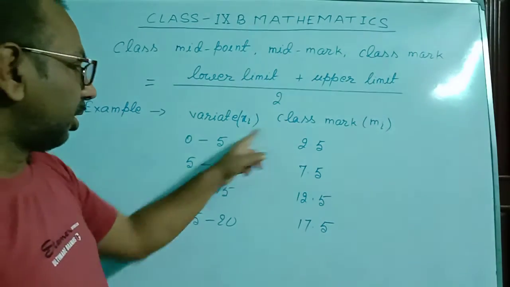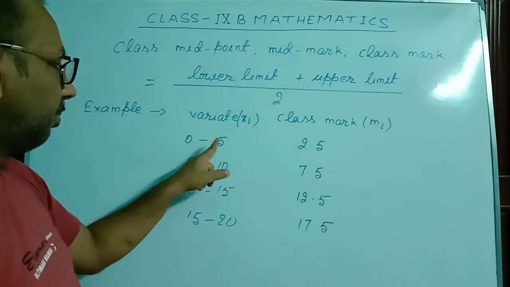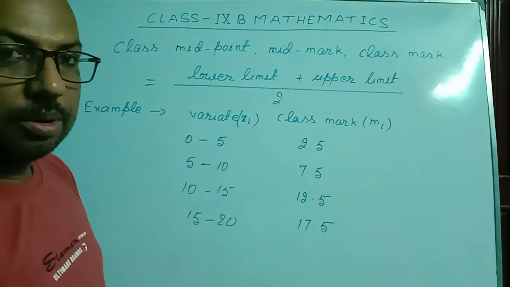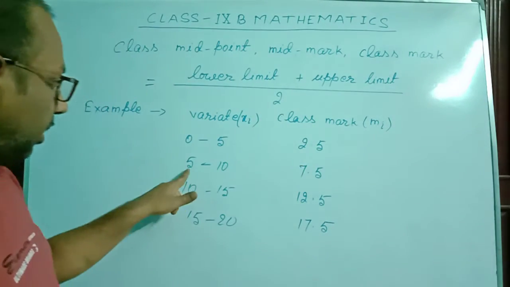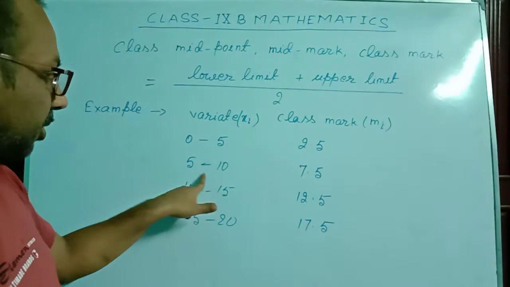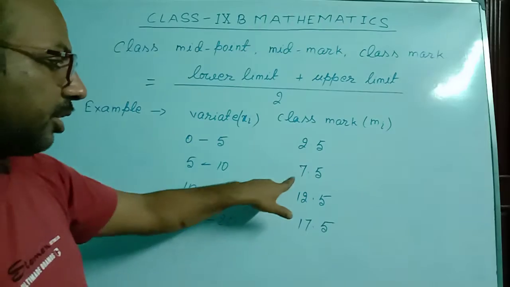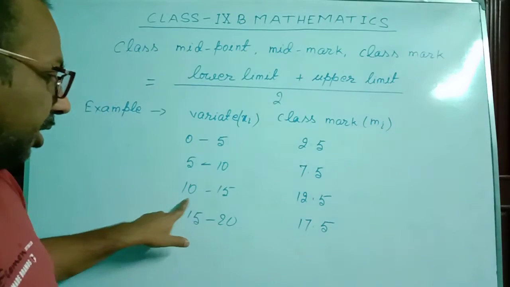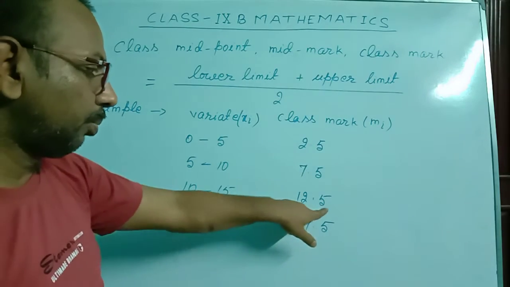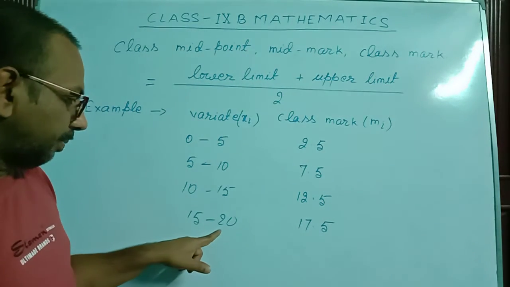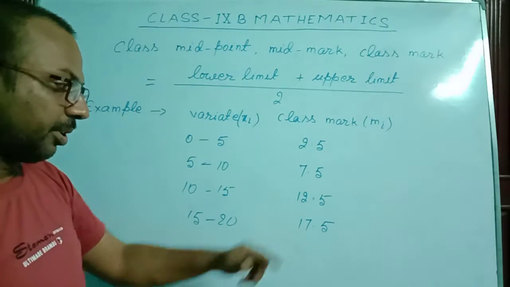I prepared the class mark, means 0 plus 5, lower limit plus upper limit. So 0 plus 5 by 2, 5 by 2, and you change it into decimal, that will be 2.5. Then the class mark of this class interval, 5 plus 10 by 2, means 15 by 2, you will get 7.5. Similarly, 10 plus 15 by 2, 25 by 2, you will get 12.5. 15 plus 20 by 2 means 35 by 2, you will get 17.5.